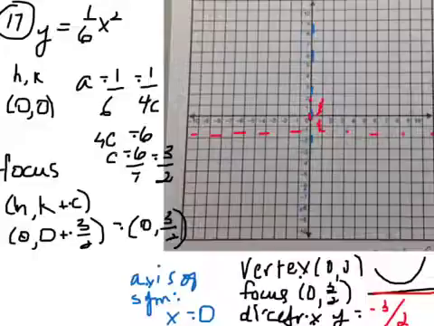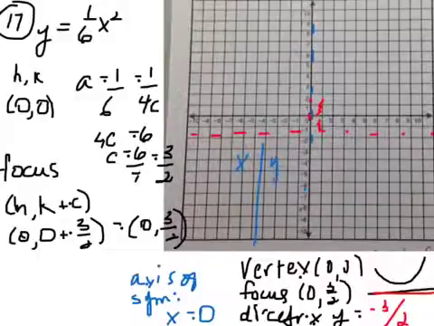Well, what I would do here is just find another good set of points. We know this thing's going to open up, so we can make a little mini table of values. I'm going to do it down here below on the graph paper, just because I've got some room now. If I plug in x is 6, 6 squared would be 36, and 1/6 of 36 would be 6.